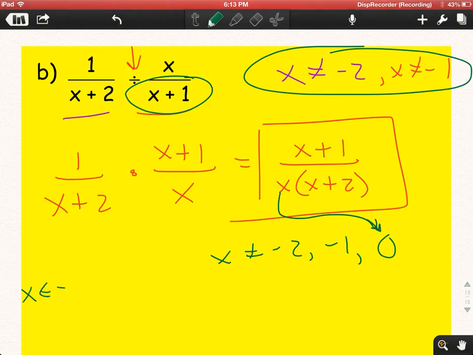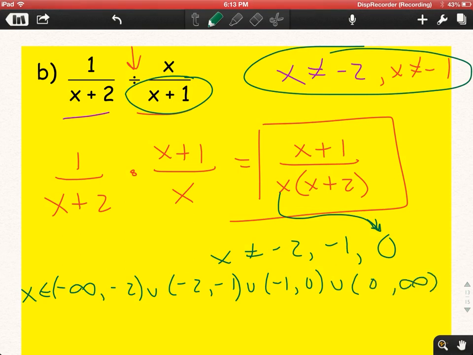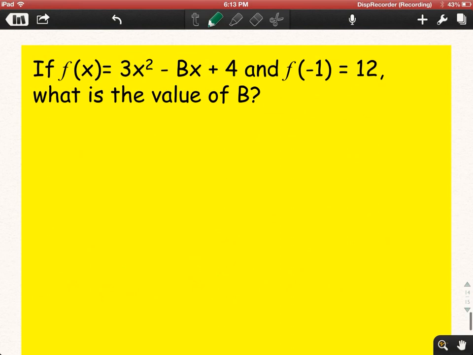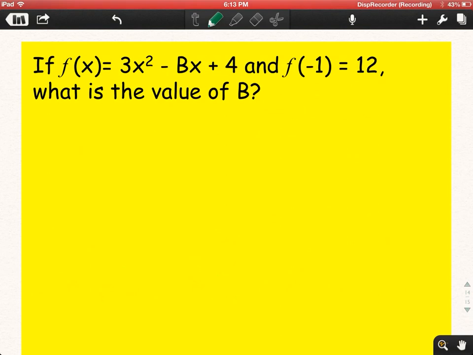So the interval would look like this, negative 2, and to infinity.